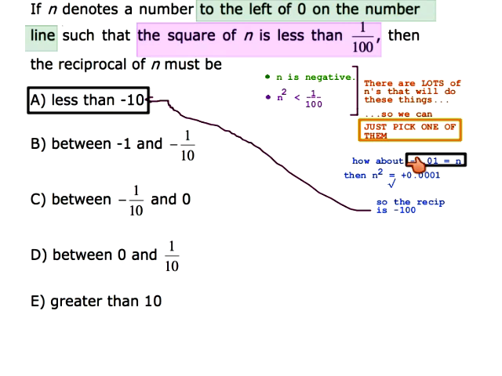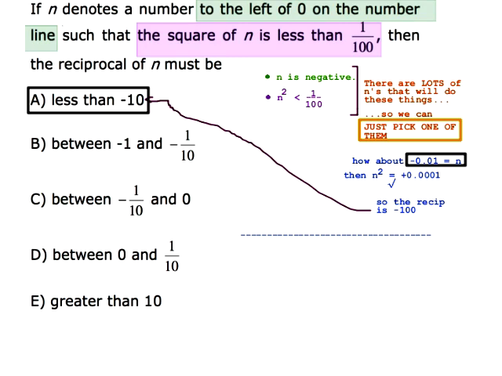And incidentally, if you wanted to actually solve that in general, which you don't have to do, but which you could do as part of a review process of whatever stripe, then you would have n squared is less than 1/100.